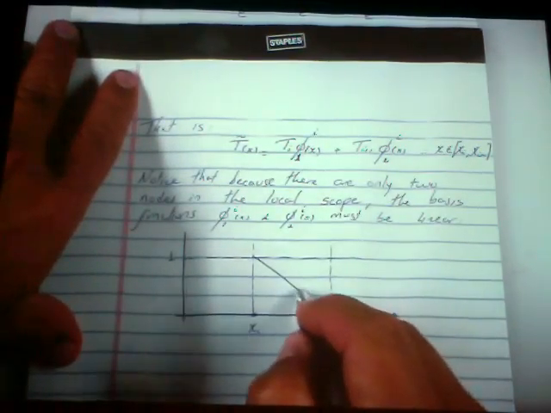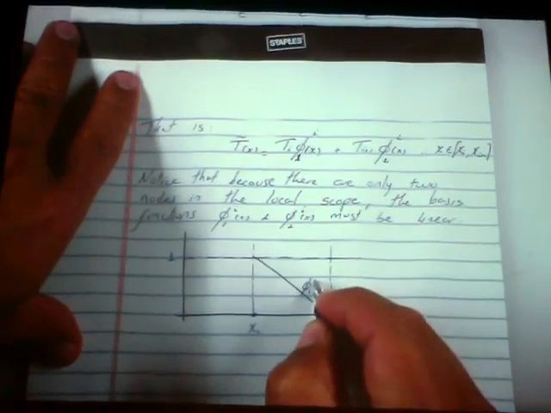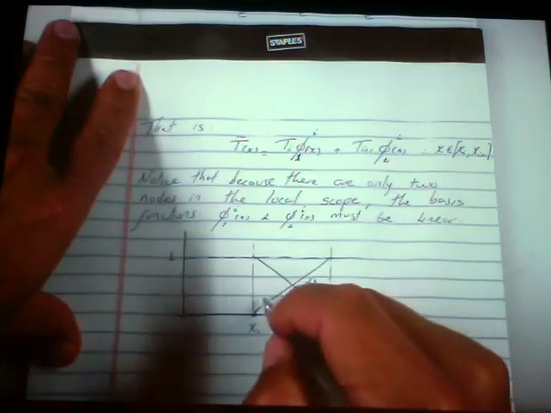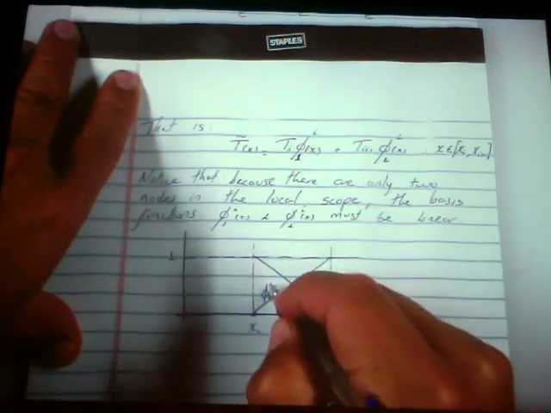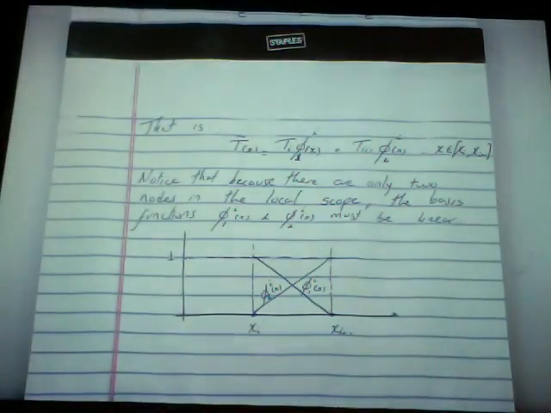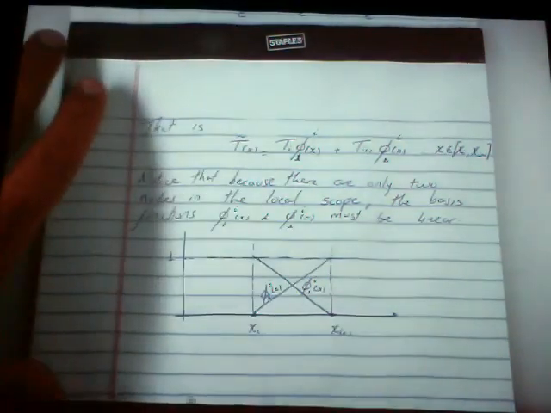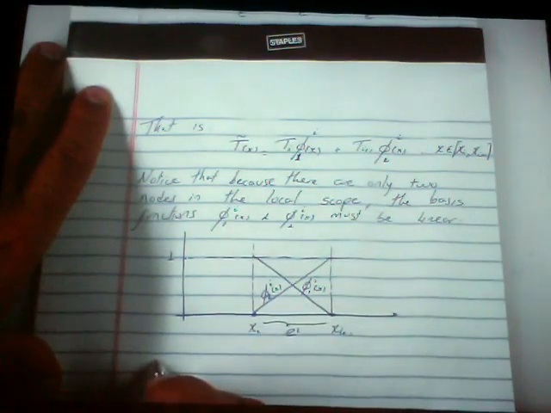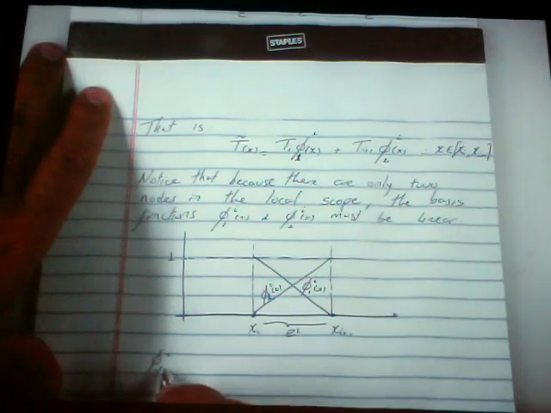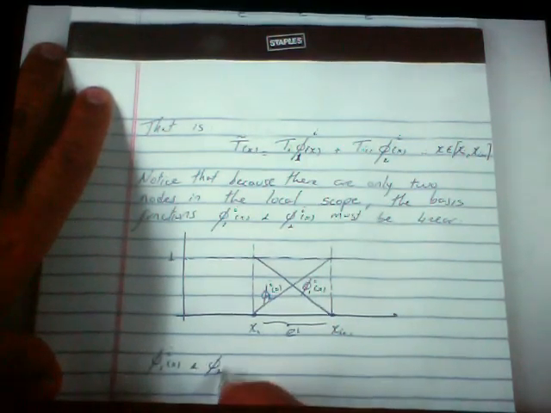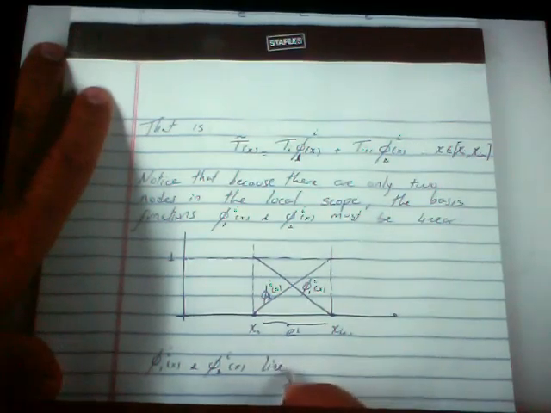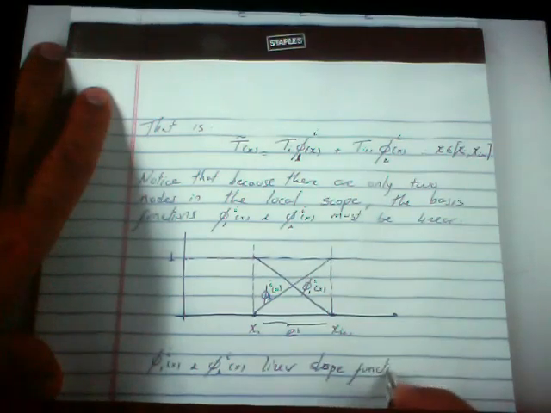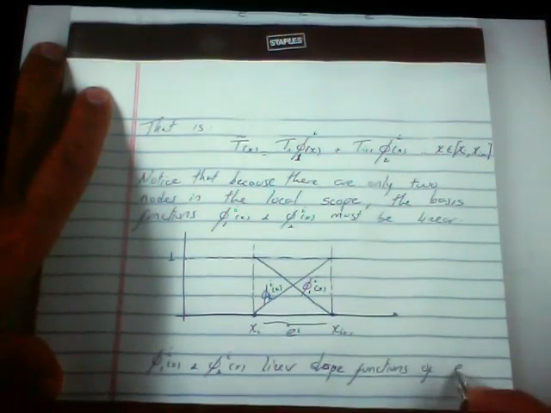This will be phi1 of I, and the second function has to look like this. This will be phi2 of I. These are linear, and this is element I. phi1 of I and phi2 of I are the linear shape functions of element I.